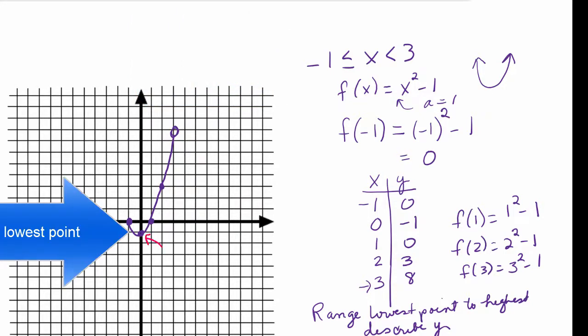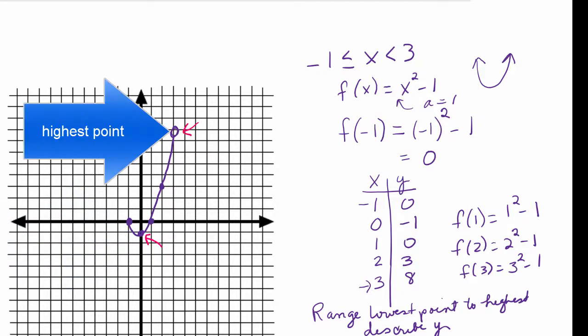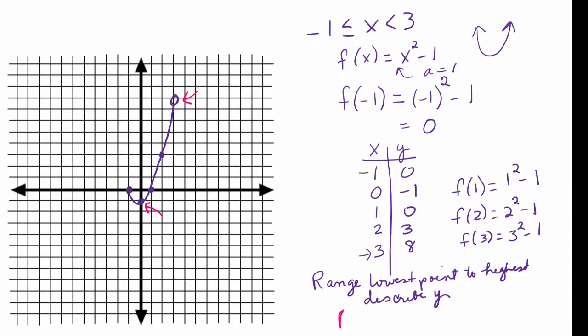There's our lowest point, and then here's our highest point, right? So our lowest y value is at negative 1, and we include the negative 1, so we put a square bracket on it because that's part of our graph, right? There's a closed dot there.